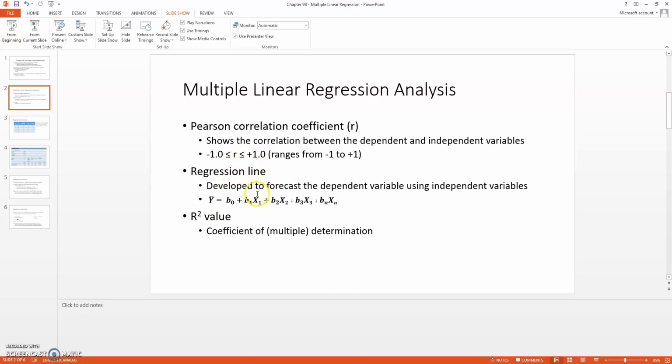The regression line, using the same symbols or values: y-hat, the estimated value of y, is the intercept b0 plus the slope for variable 1 times the value for x1, plus the slope for variable 2 times x2, plus the slope for variable 3 times x3, and so forth. R-squared value, coefficient of multiple determination. So we're going to look at analyzing, calculating some of those things as we go through an example.